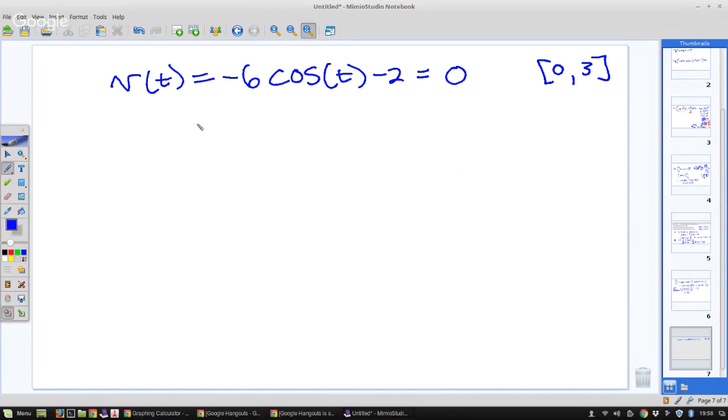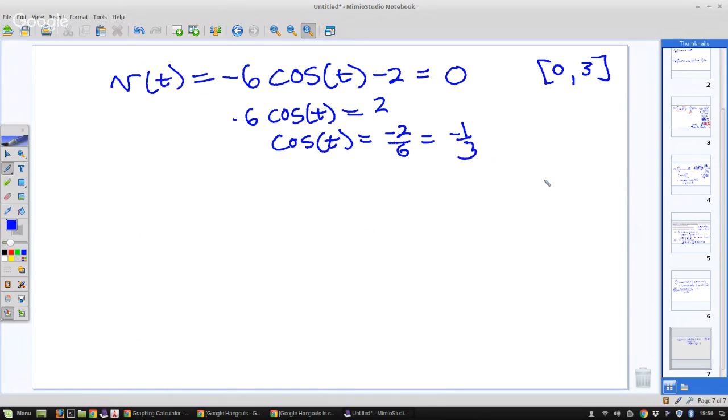We'll add 2 to the other side, so negative 6 cosine of t is equal to 2. Divide by negative 6: cosine of t equals negative 2/6, or negative 1/3.